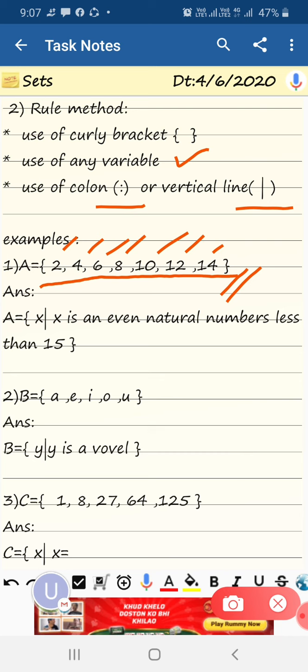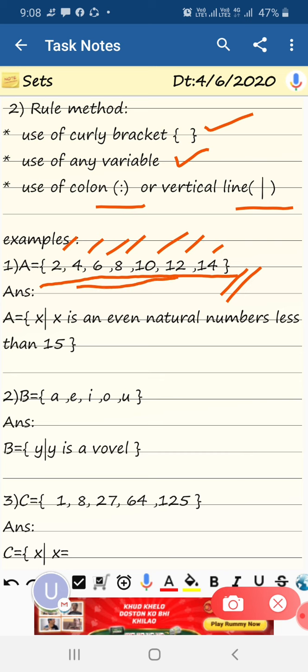Now see, here first we will use the curly bracket, and then use any variable. I have used x here. After this x we can use a colon or vertical line, and then define what this exact x is.